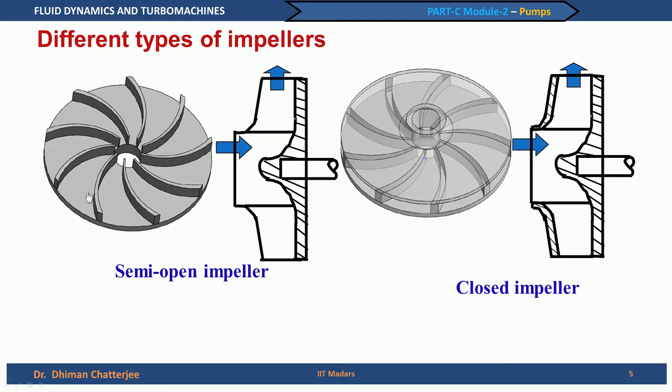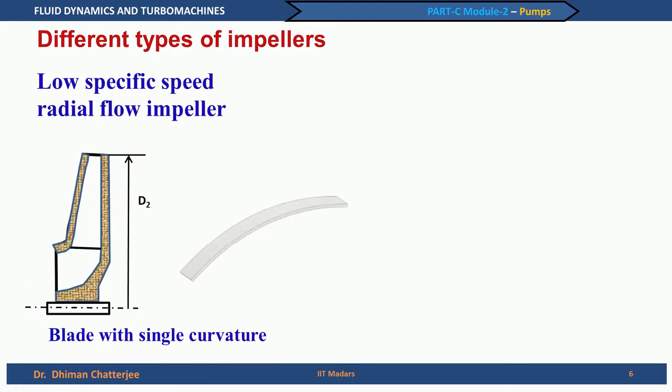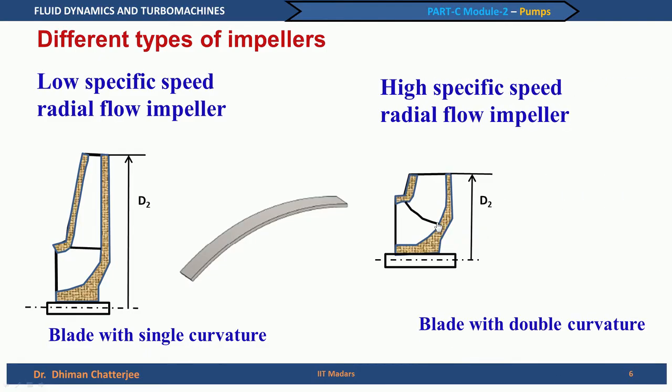Imagine that I have just taken out one of these blades and showing here. So, you see that it has one curvature which is bent here, whereas at the higher specific speed radial flow impellers you will see blade with double curvature or with twist will be visible, and you can see the picture given here. How to identify it?